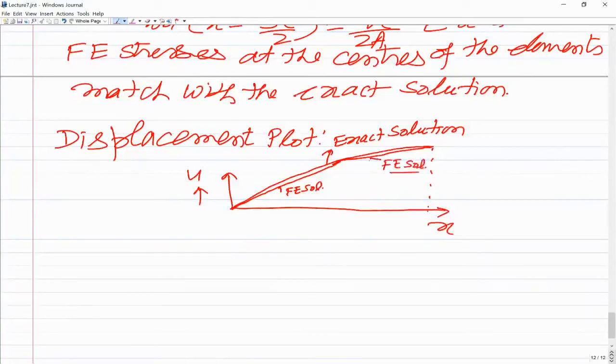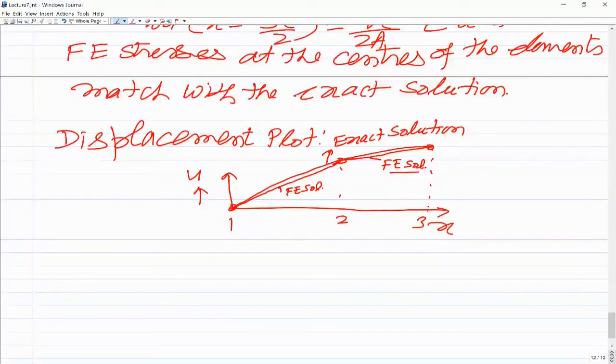You see, at the nodes they match. These are the node points. The two solutions match, but in between there is a difference. In terms of FE, this is node 1, this is node 2, and this is node 3. In between there is a difference between the FE solution and the exact solution, but at the node points they match. If we increase the number of elements, you will find that the FE solution would be closer and closer to the exact solution.